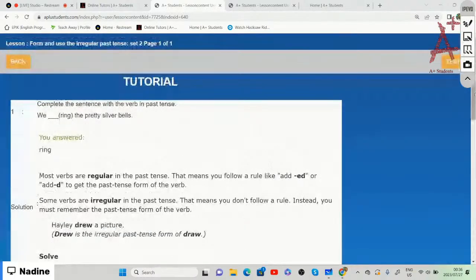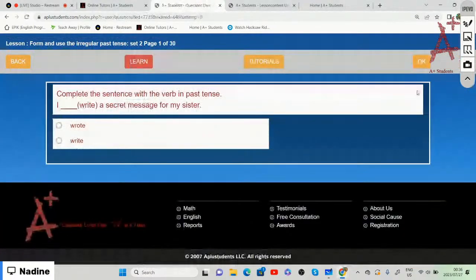All right, so now we're going to the test. We need to complete the sentence with the verb in the past tense. I write a secret message for my sister. We need to change that word write. We need to choose the correct past tense verb. Is it wrote or write?